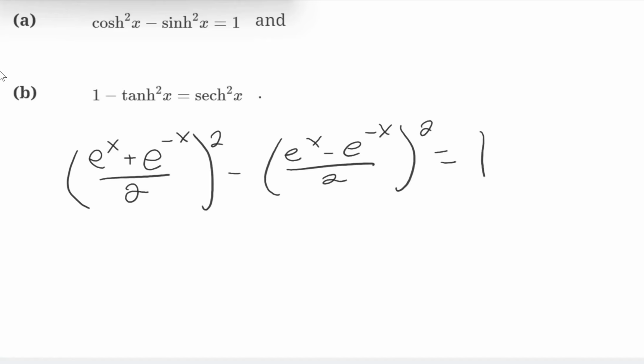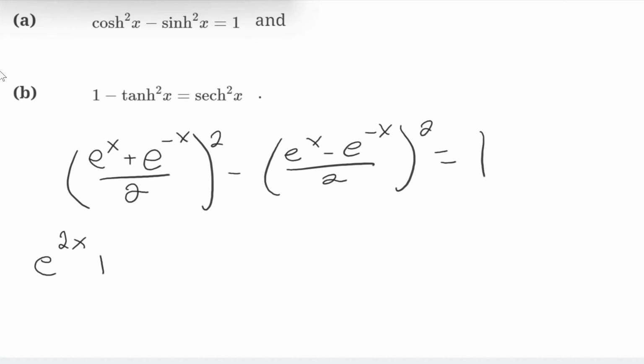All right, so let's see if we can simplify this all down. So we've got e to the x squared. No, actually, not e to the x squared. It's e to the 2x, because e to the x times e to the x is e to the 2x.